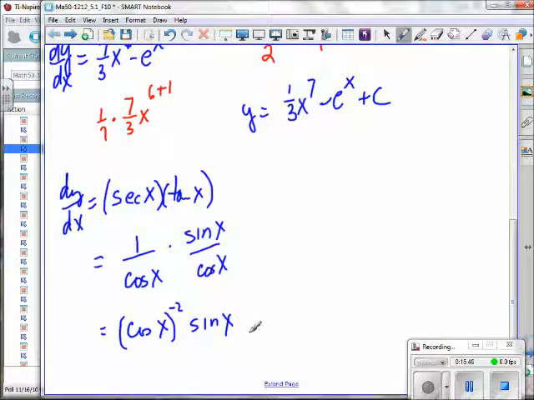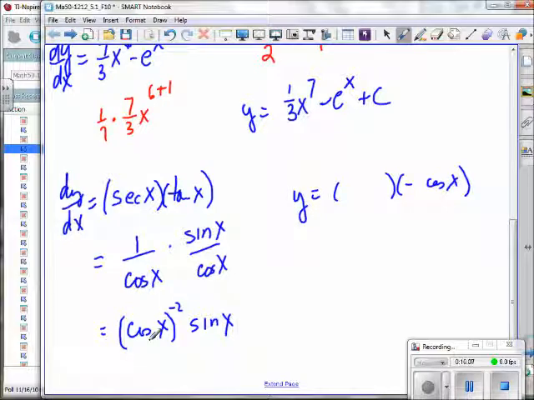Well, do we know what the antiderivative of sine x is? Can we figure that one out? So that one we know at least would be, did you say cosine? How about negative cosine? Because the derivative of cosine is negative sine. Okay, so negative cosine, plus c.